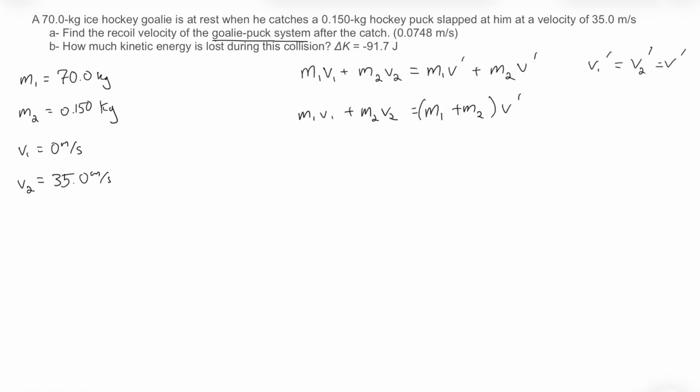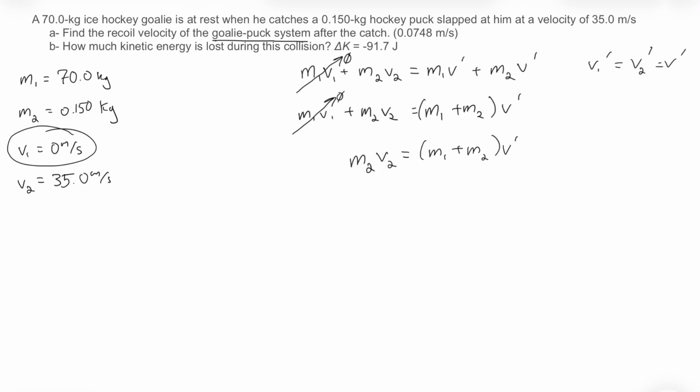Since we have a velocity of 0 for our goalie initially, we can get rid of the goalie's initial momentum, right? And then we're left with just the mass of our hockey puck times the initial velocity of our hockey puck equals the combined mass of the hockey puck and the goalie times the final velocity, right?